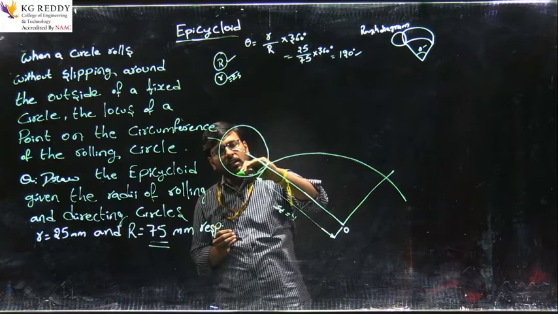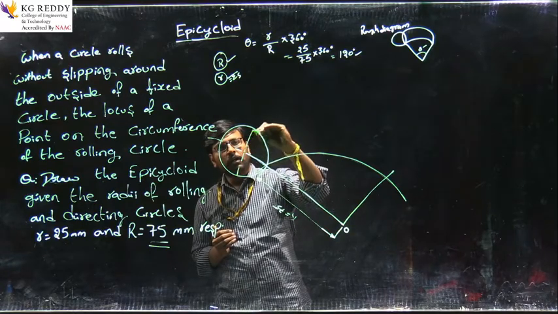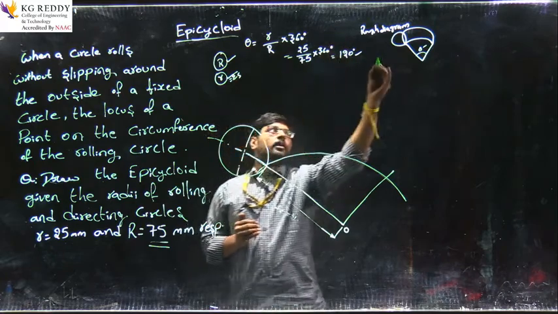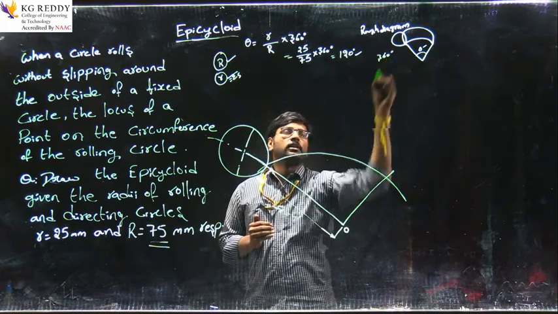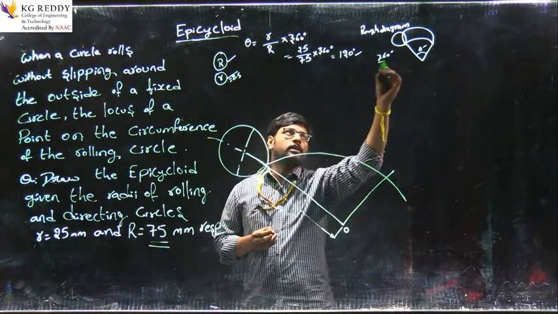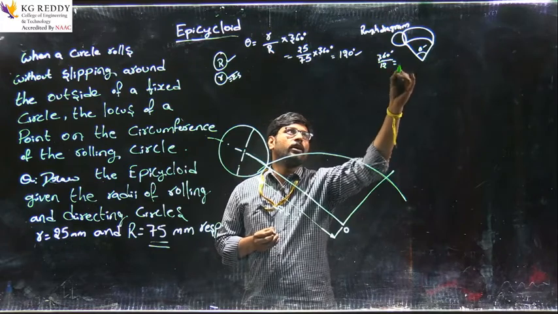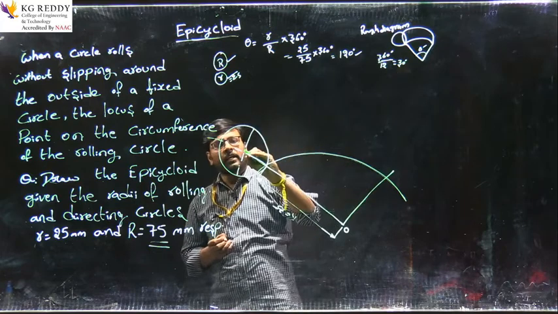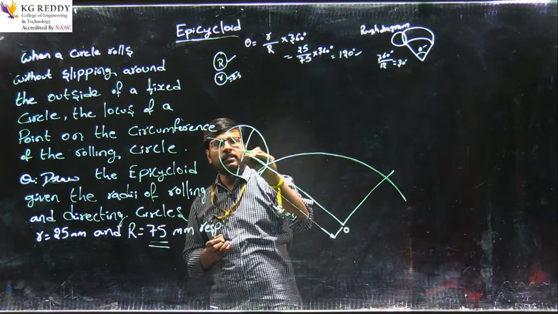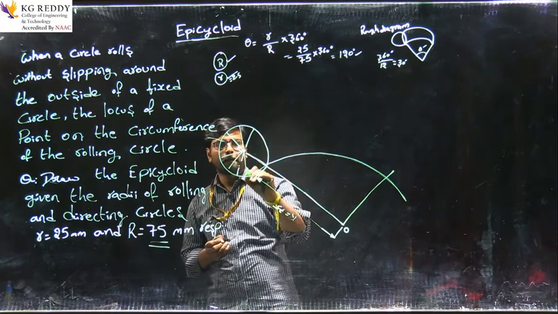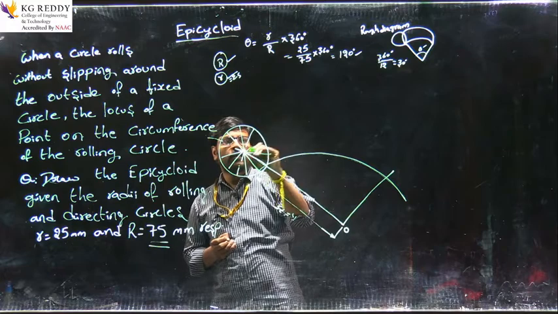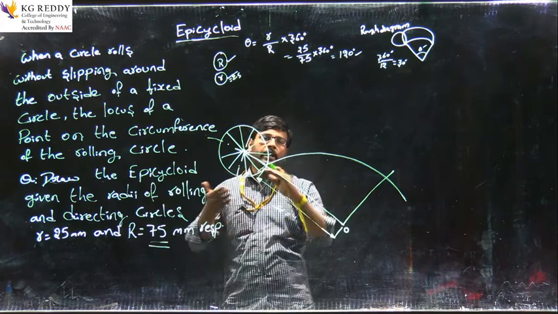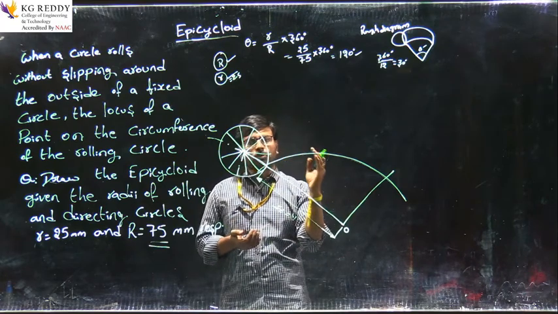For the division of the circle, as we all know, we make 12 parts. The circle angle is 360 degrees, so dividing into 12 parts, each angle is 30 degrees. So here it is 30, 30, 30. Whenever we have a circular concept, we divide it into 12 parts because it is easy to locate the locus of a point and to join the points.